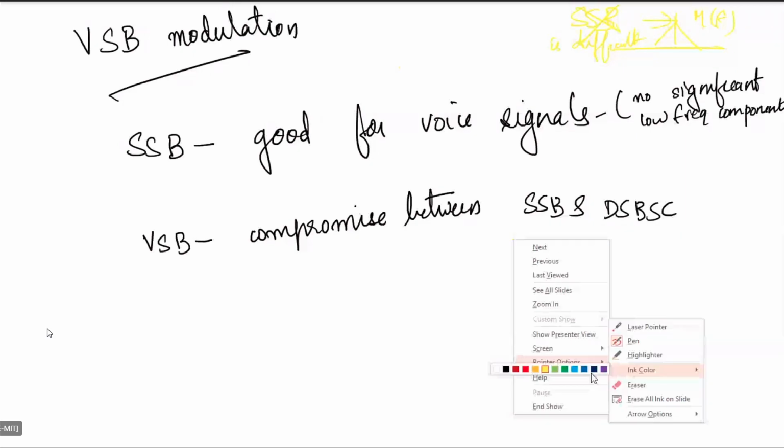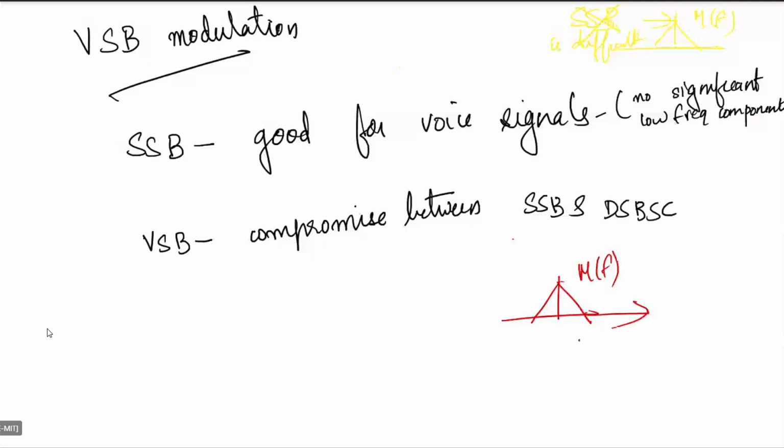So if a signal is having a spectrum like this, SSB modulation is not possible. Didn't I tell you that? Do you remember? It was in last week's slide.